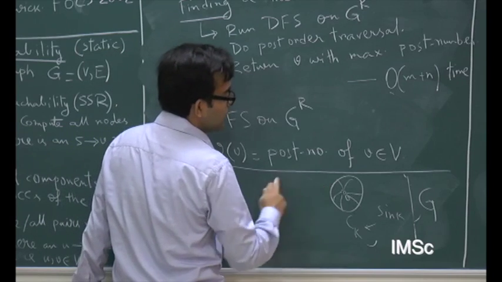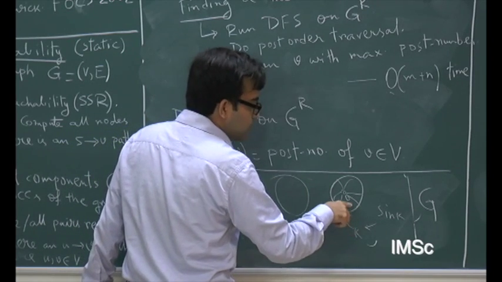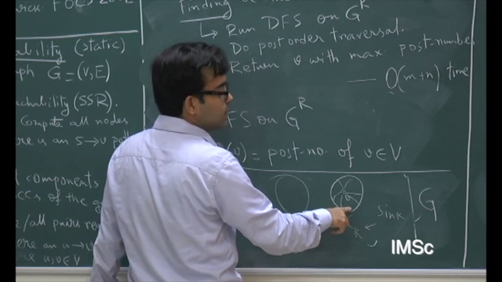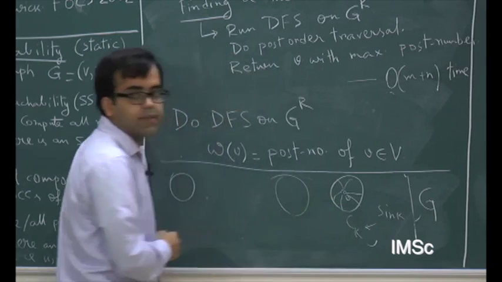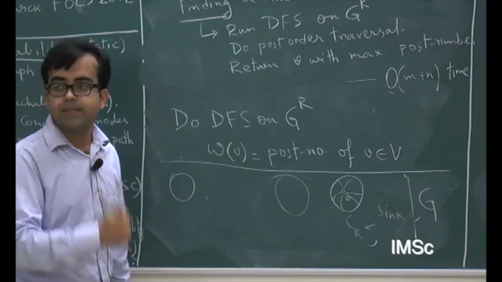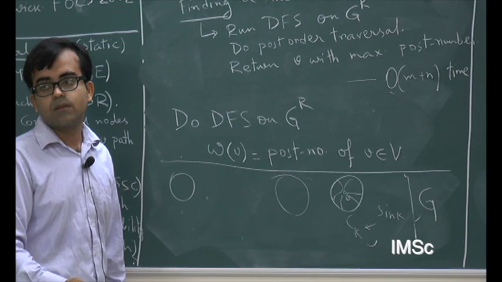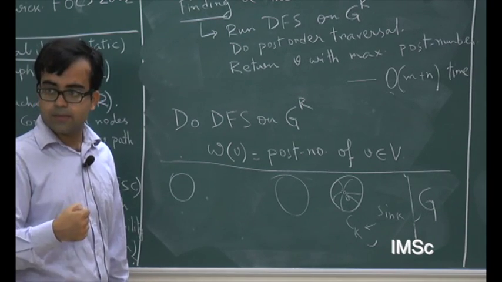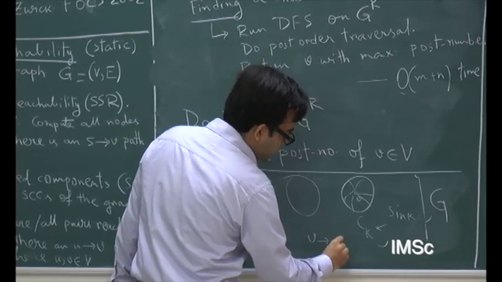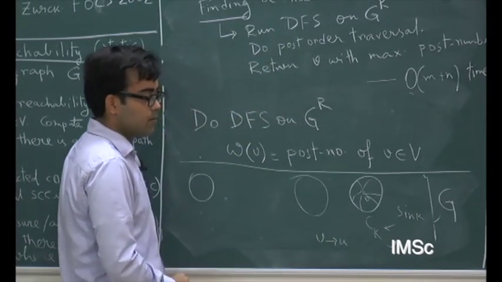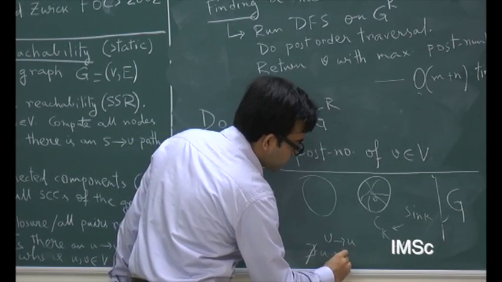So here is the thing. This guy has the property, since this is a sink, that if there is a V to U path, then there must be a U to V path. Suppose it is not the case. So there is a node U such that there is a V to U path, but there does not exist a U to V path.